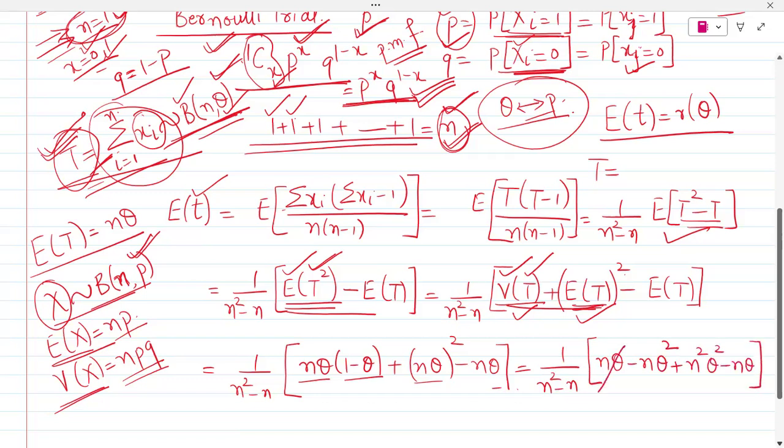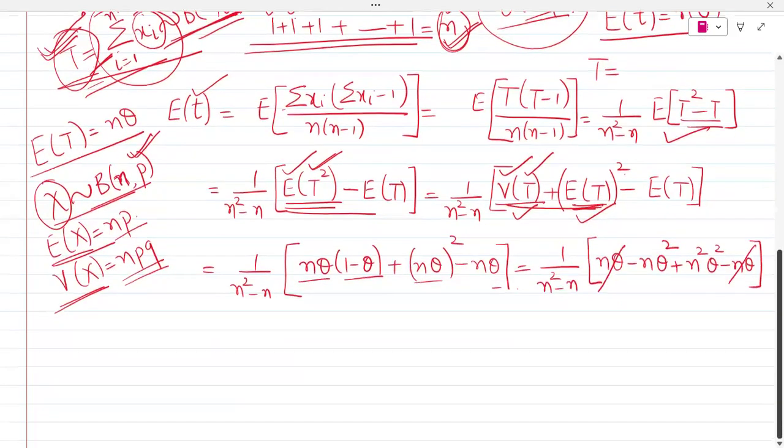Okay, so this cancels now, and now this is n square minus n theta square.